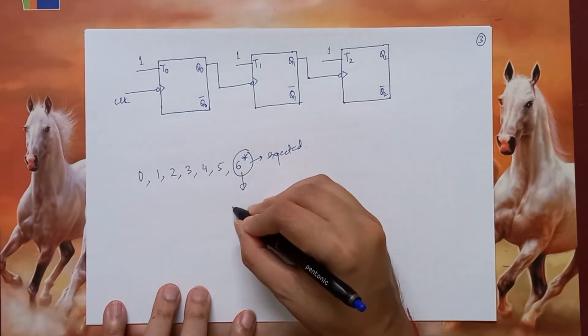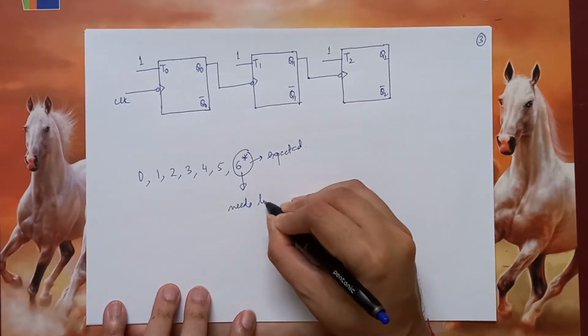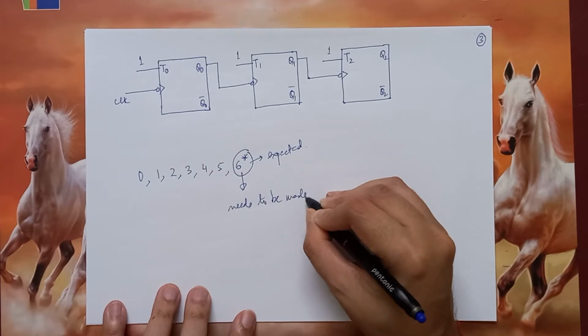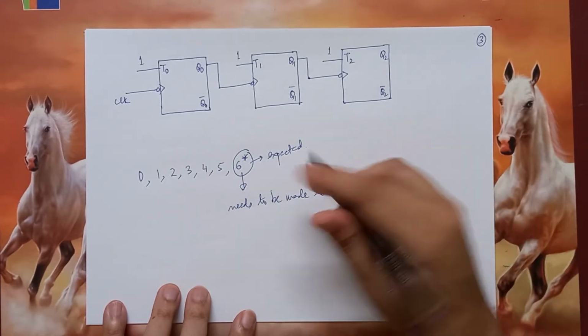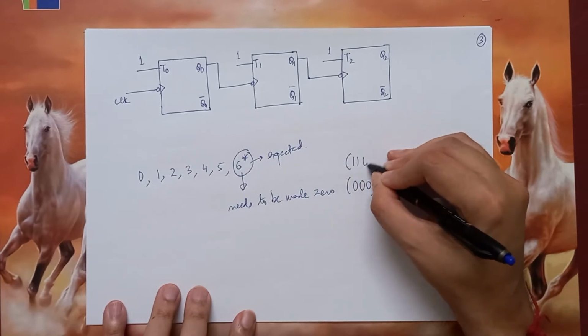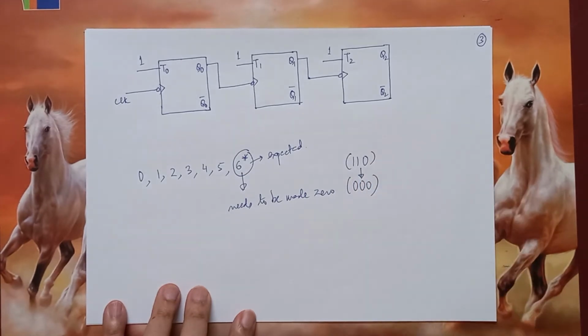So this needs to be made 0. That is, this 6 is by default 1, 1, 0. So this I will try to make 0, 0, 0. Therefore, we already know how to make this happen.